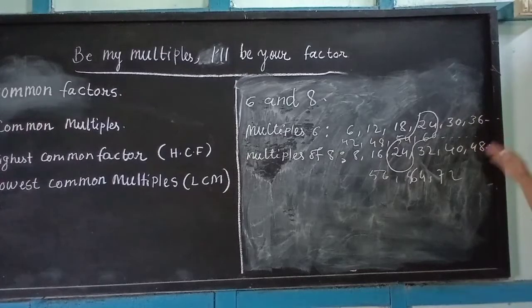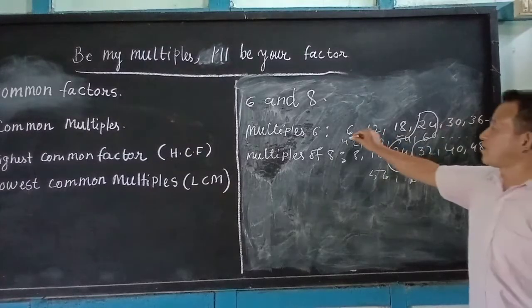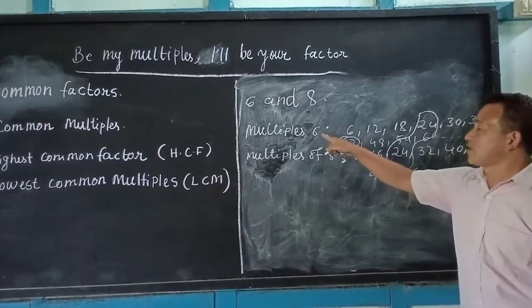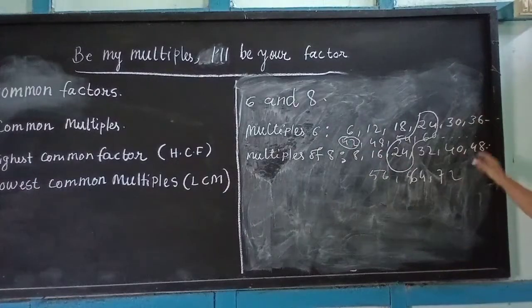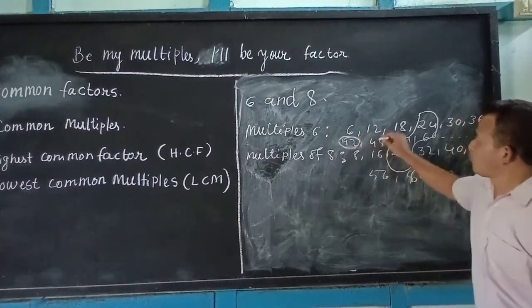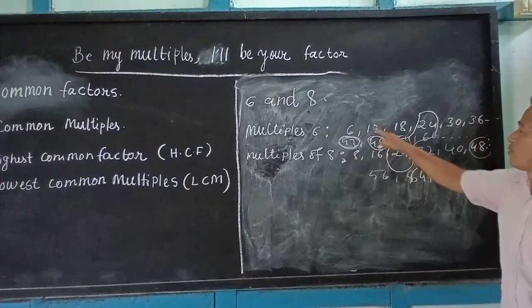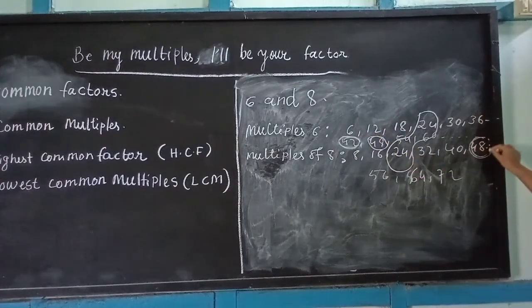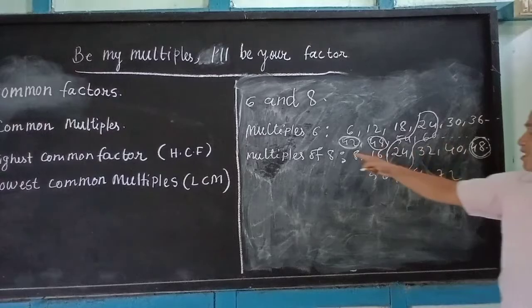but we are not going to write all the multiples or all the common multiples. For example, here you have 42. 42 is the multiple of 6, and here also we have 48. 48 is the multiple of 6, and here is also 48 as a multiple of 8.